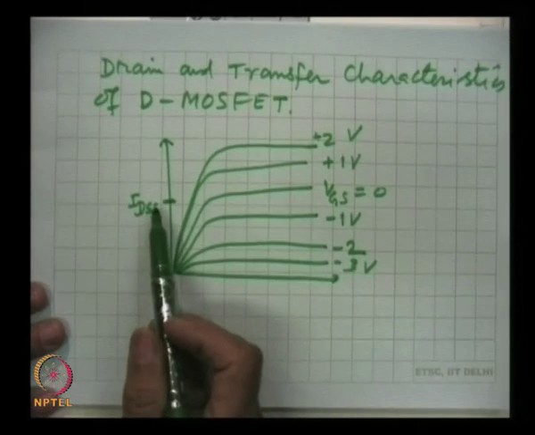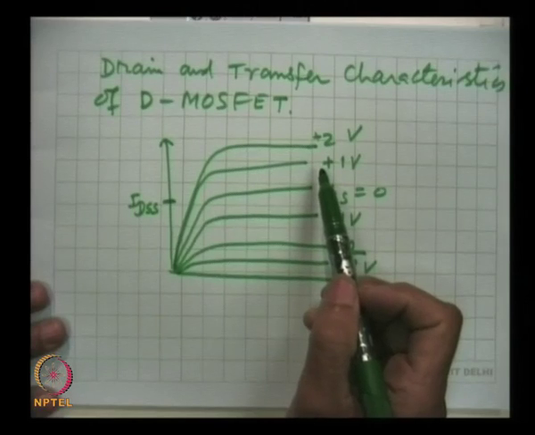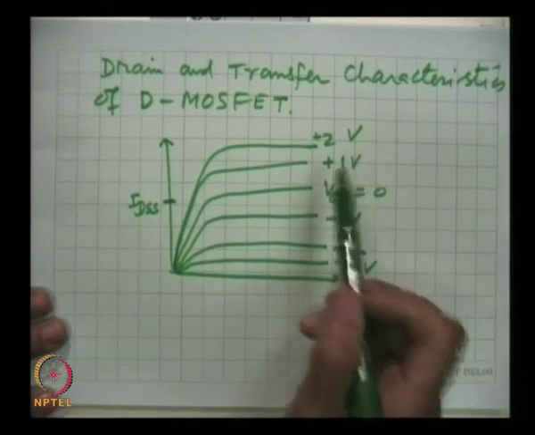But unlike the junction field effect transistor, where IDSS was the maximum current in the device, this is not true in the case of the depletion MOSFET. In the depletion MOSFET, the current can increase, and it does increase when we give a positive voltage to the gate electrode.